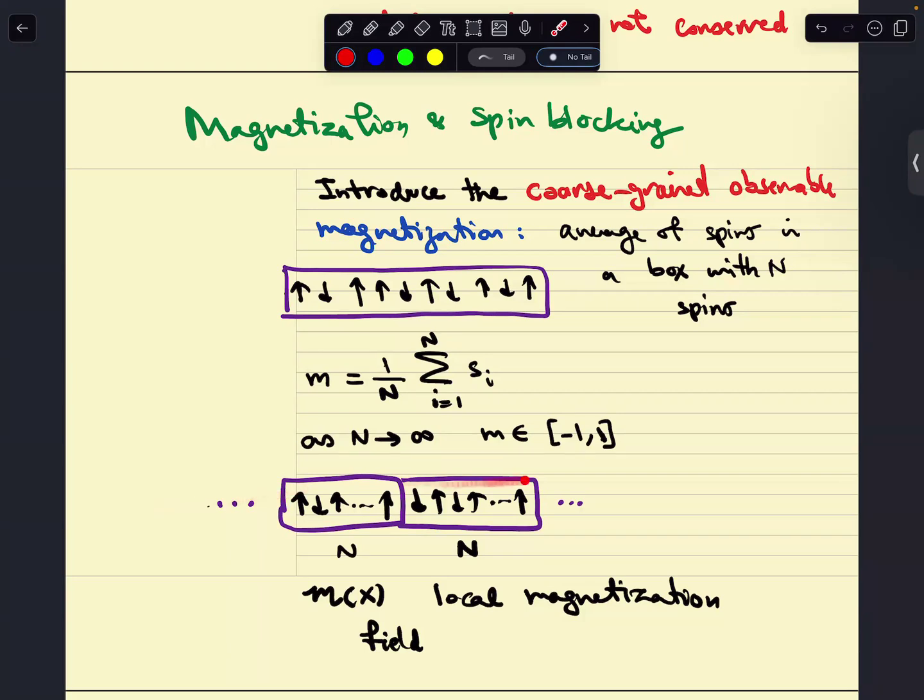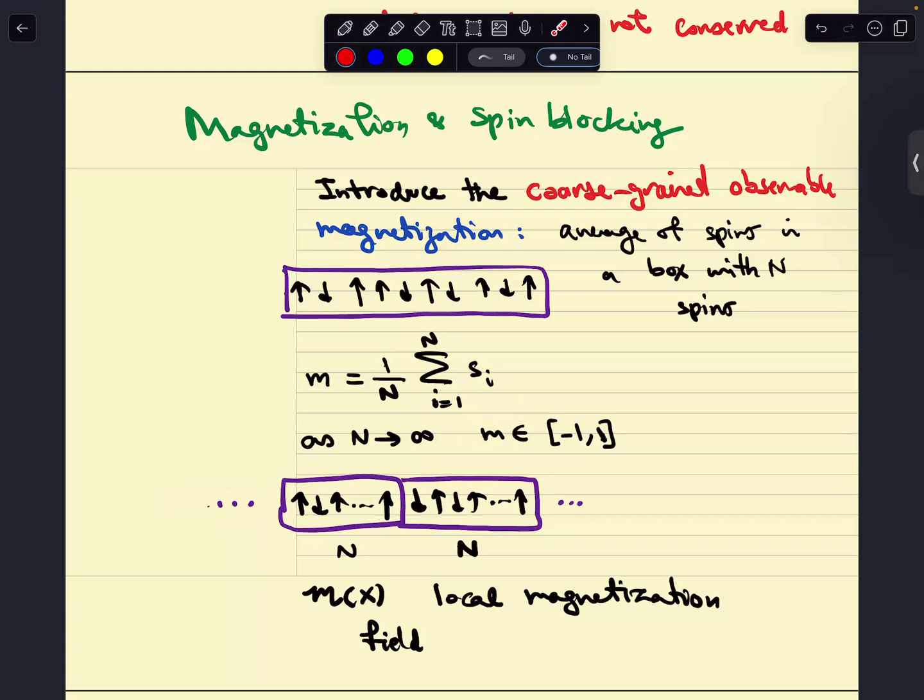Now, if you think of your system as blocks, in each of which there is a very large number of spins, this continuous variable, which we're going to call a field, becomes space dependent, right?